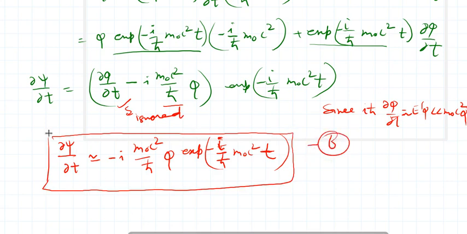Now I will use this part again to calculate the second derivative of the function. To calculate it, ∂square psi/∂t square is ∂/∂t of ∂psi/∂t, and let me put its value here.